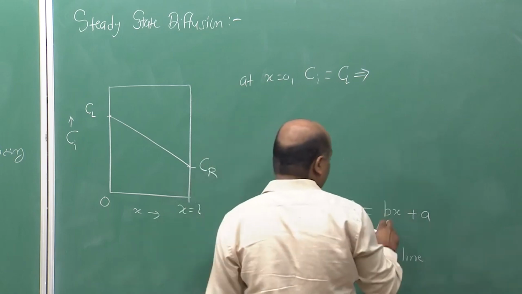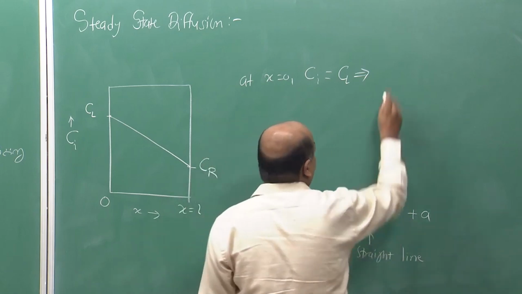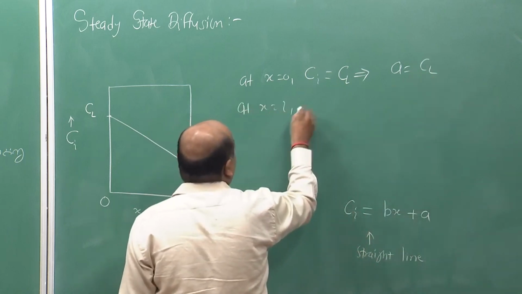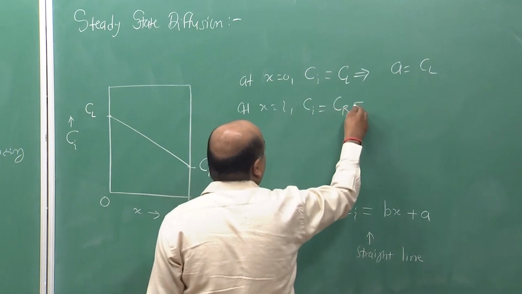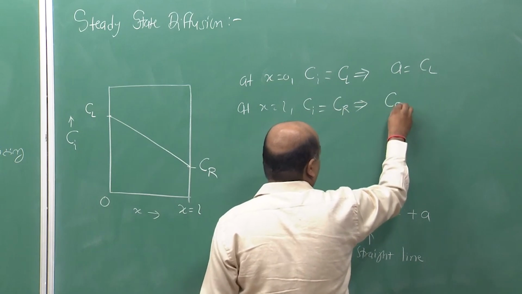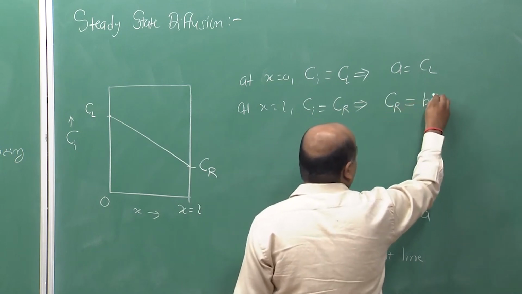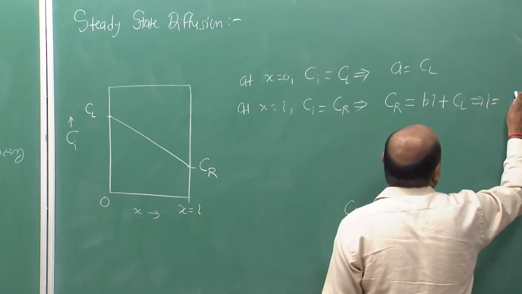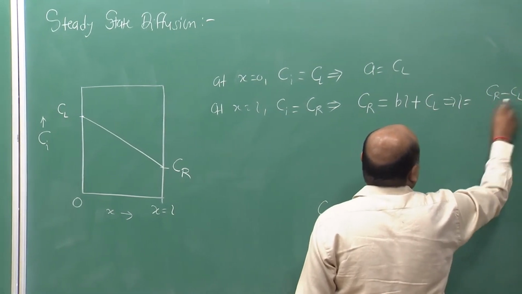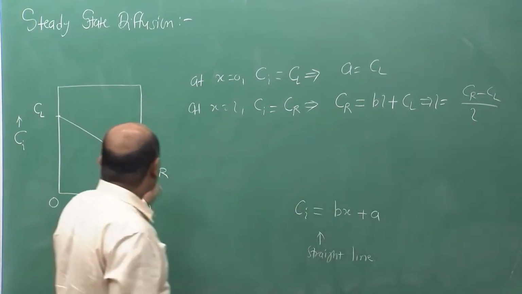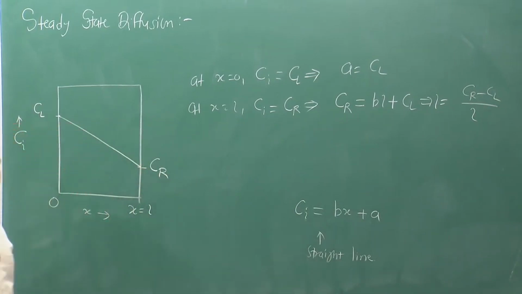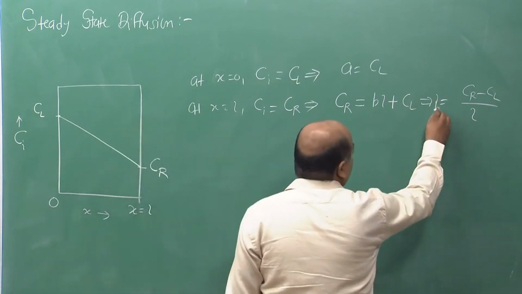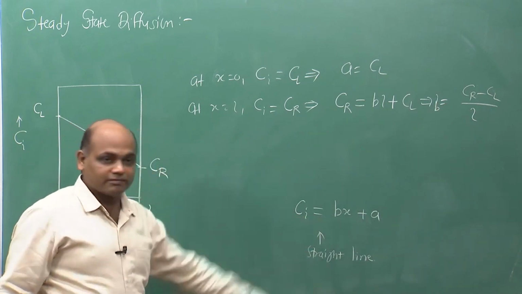So, this will give me Cl is equal to A, and at x equal to L, Ci is equal to Cr. So, I get Cr equal to BL plus Cl, or B is equal to Cr minus Cl over L, which is the slope of this straight line.